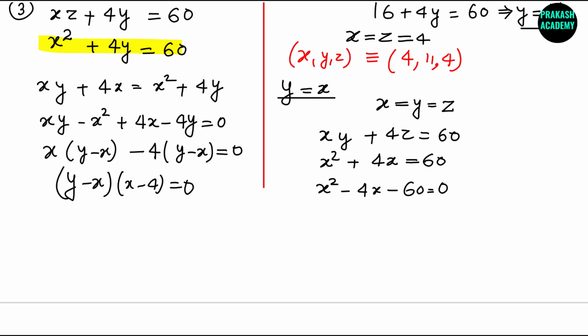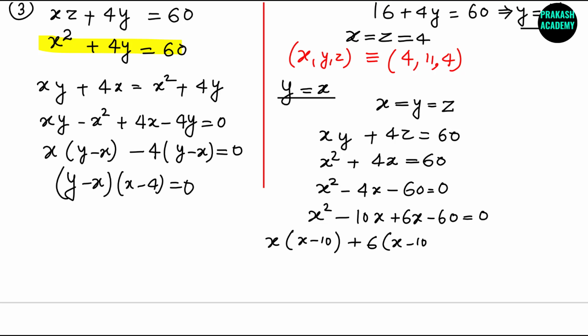So I can factorize this. This will be x square minus 10x plus 6x minus 60 is equals to 0. So I can take x common, I will have x minus 10, and here if I take 6 common I will have x minus 10.